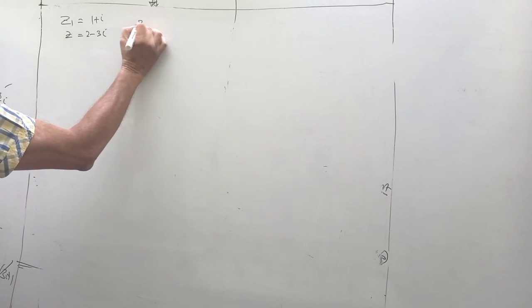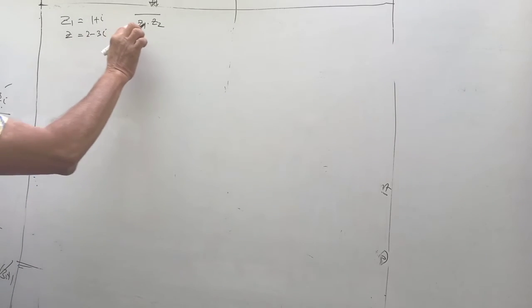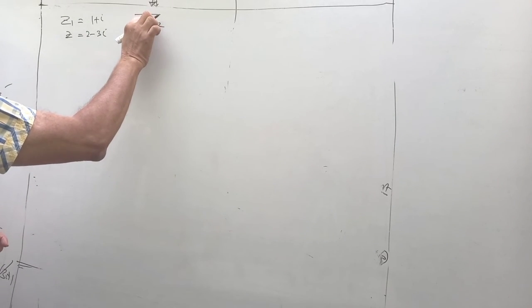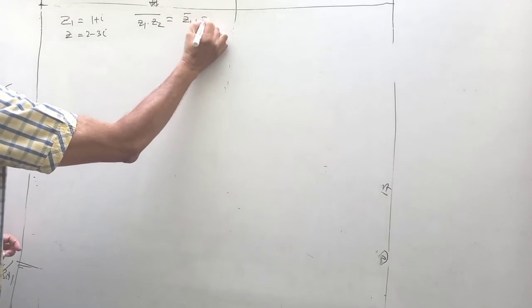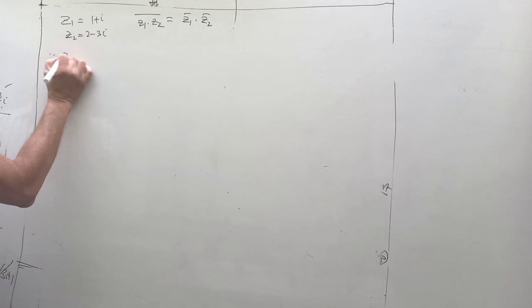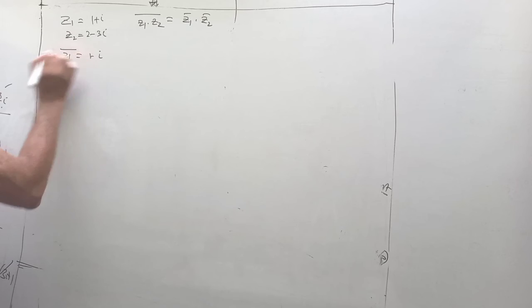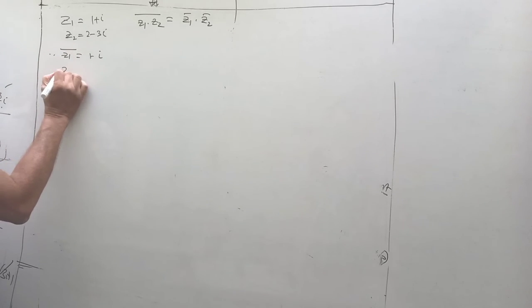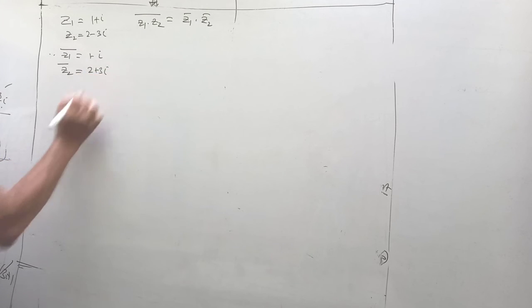Check that the conjugate of the product of the complex numbers z1 and z2 equals the product of their individual conjugates. Now, z1 bar equal to 1 minus i, z2 bar equal to 2 plus 3i.